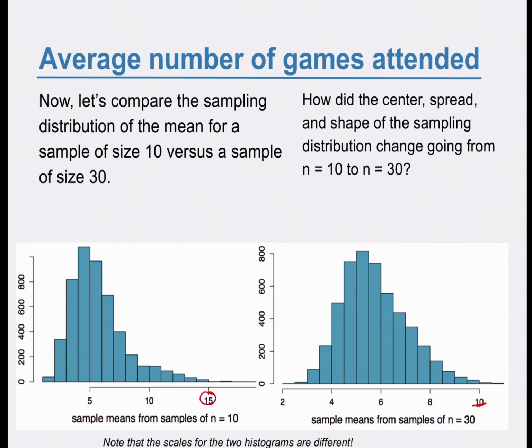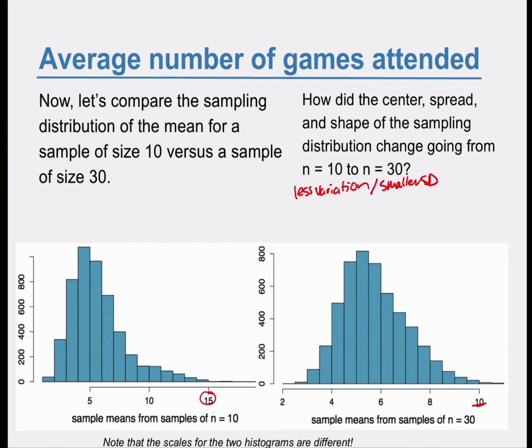So the sample of size 30 has less variation, or a smaller standard deviation. We haven't actually calculated the standard deviation, although we could, but it's going to be more centered around the mean. It's going to have a smaller standard deviation.